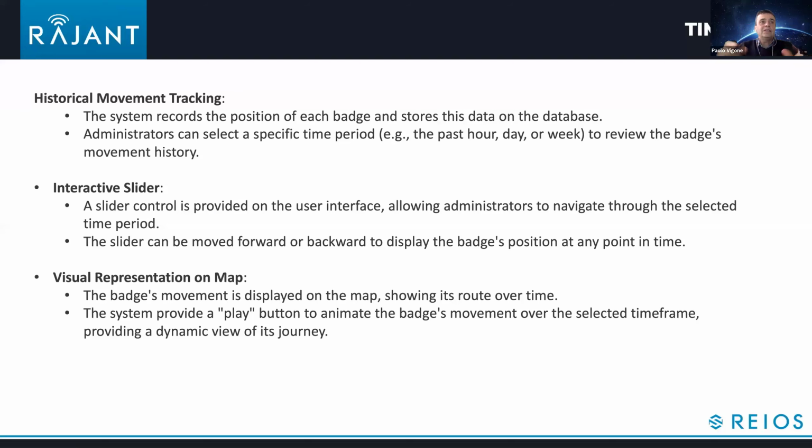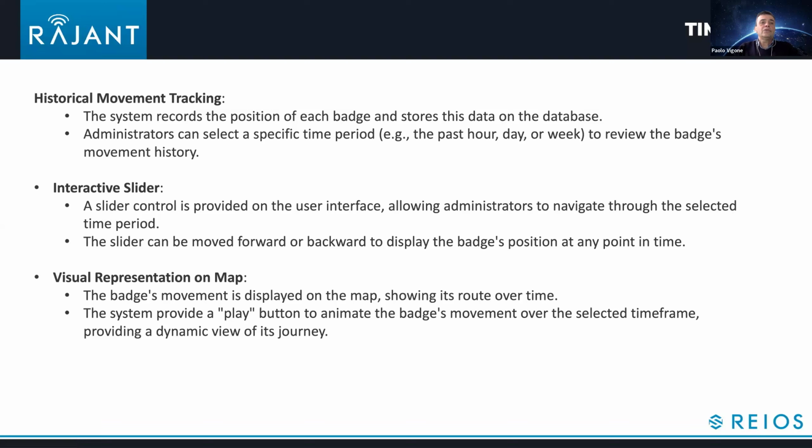To do that, there is a control page, where you can navigate through the selected time period. There is a slider that allows you to move back and forward to display badge position, and at the same time, the badge movement is displayed on the map.